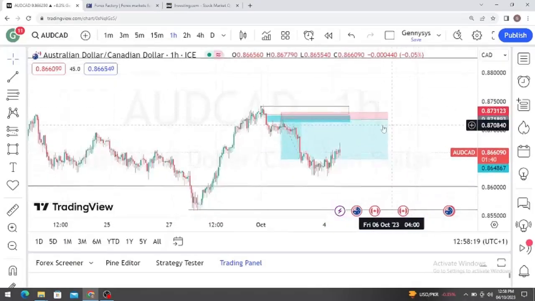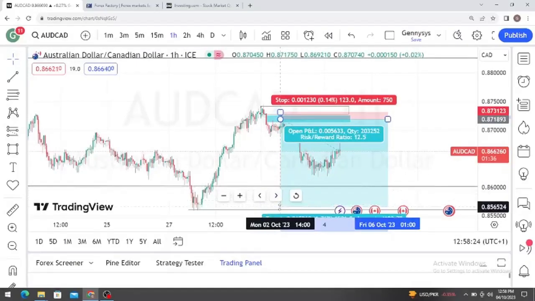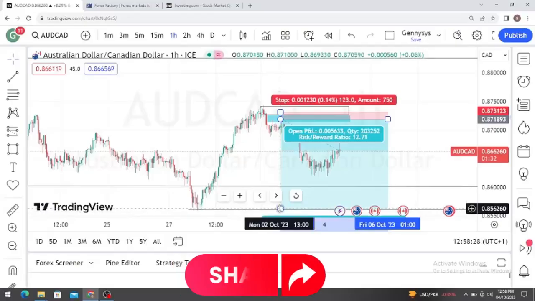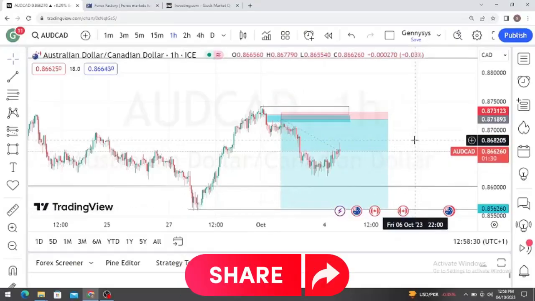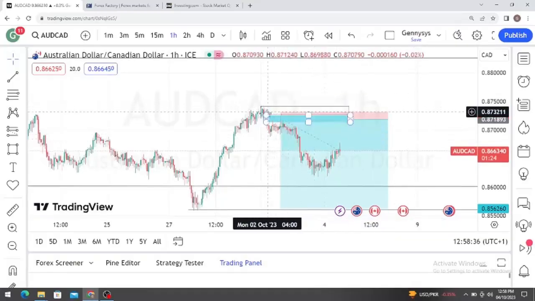That would have been another way to play it, and we'll be aiming for these lows, expecting that we'll create a new low, of course. So those are the two opportunities we would have taken.